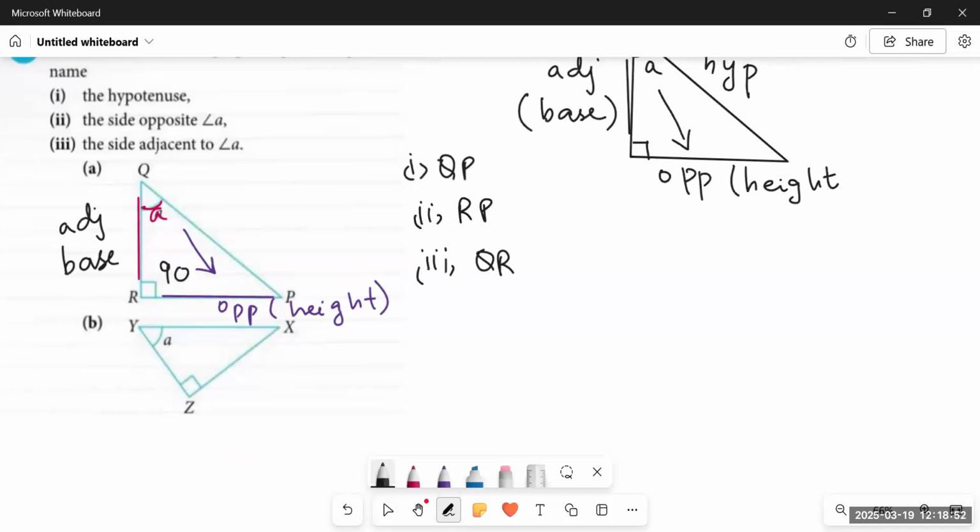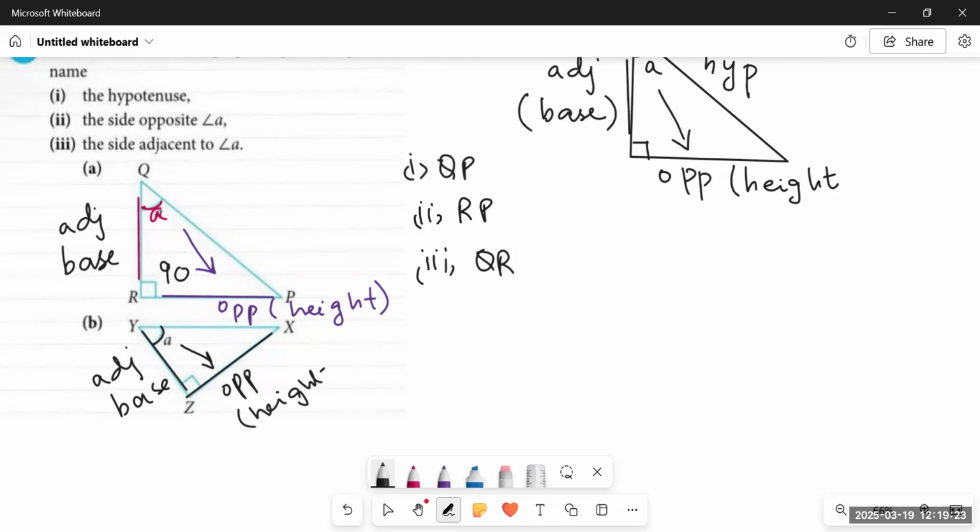Now in part B, again, this is a right angle triangle. This is angle A, so this would become the adjacent side. Mark it as adjacent. Adjacent side would always be the base. This side is the opposite one, because we have to figure out the sides according to the given angle. The opposite side becomes the height.